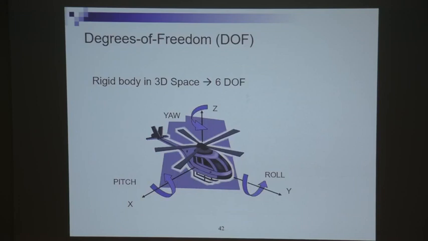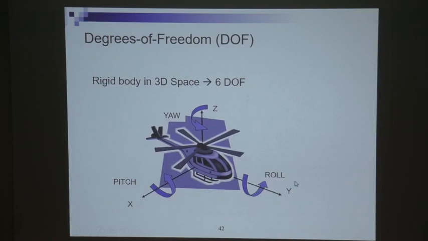When I have a rigid body in 3D space, I will have 6 degrees of freedom: the position as well as the orientation. And with that, you have roll, pitch, and yaw.